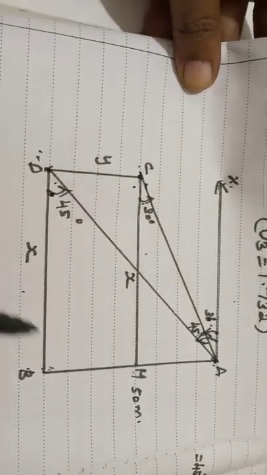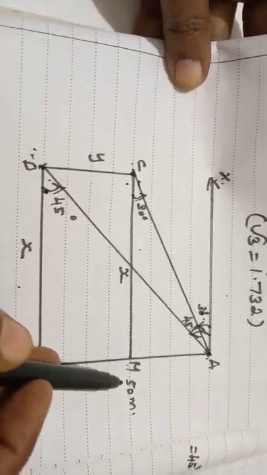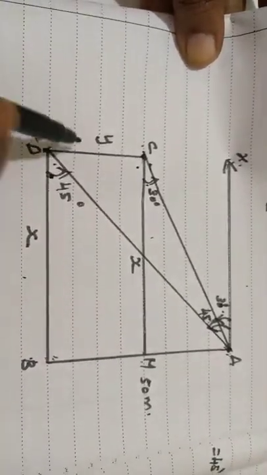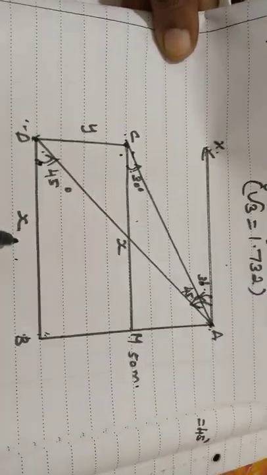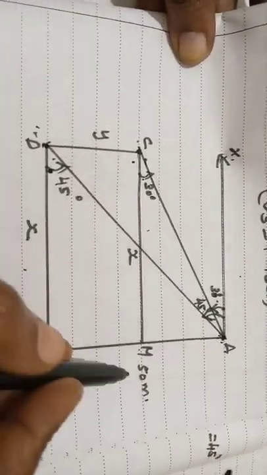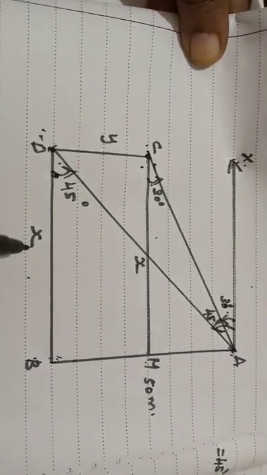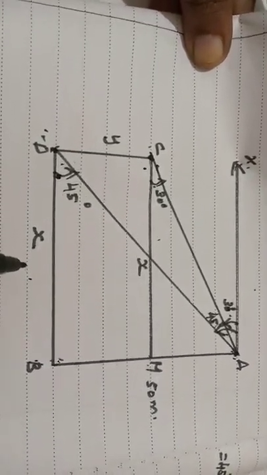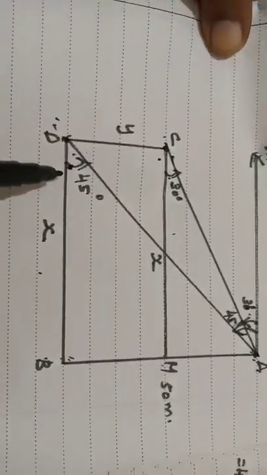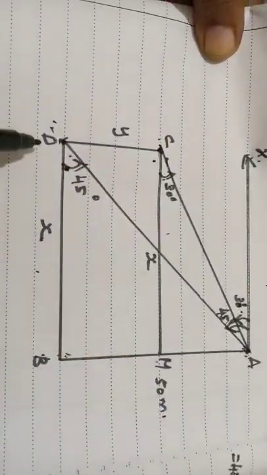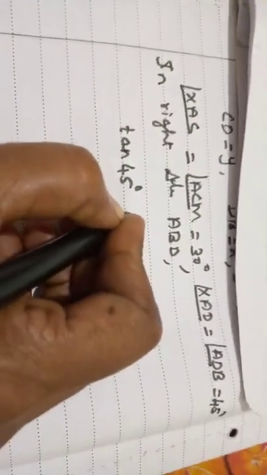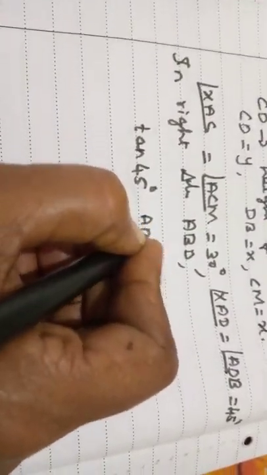The opposite side value is there, and we need the adjacent, then only we can find this height. Theta is mentioned, so opposite side value is there, adjacent we have to find out. So tan ratio can be used. Tan theta, tan 45, equal to opposite by adjacent, that can be written: tan 45 equal to AB by DB.